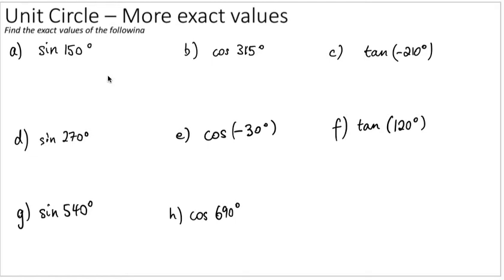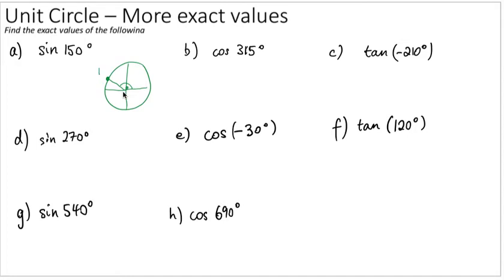Start off here. We start from our positive x-axis, and I usually just draw a quadrant like that. Now we want to measure sine 150 degrees. Starting from the positive x-axis, it'll be all the way through there, intersect here, and that'll be 150 degrees, right? Now I want to find the reference angle to that.